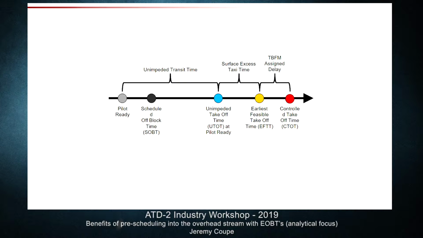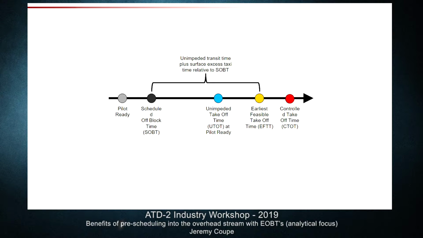So, these are some of the metrics for the APRA times, but then we want to say, well, if we try to validate or verify some of the findings or trends we see in our high fidelity data, how can we do this? This is another metric that actually is within TBFM that we can leverage. This metric is the scheduled off-block time.